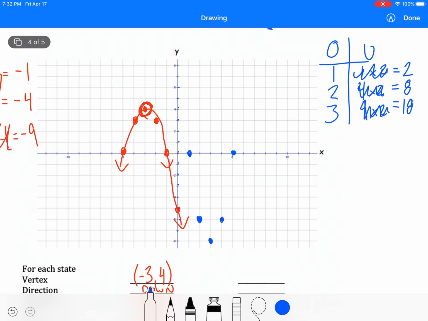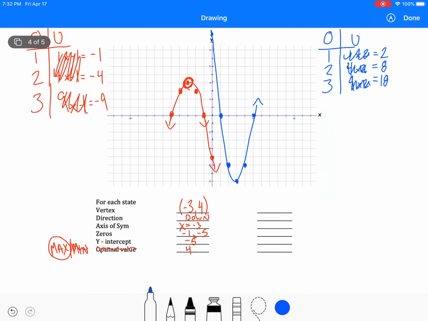If I went up 18, I'd go up 1, 2, 3, 4, 5, 6, 7, 8, 9, 10, 11, 12, 13, 14, 15, 16. I'm at 8, 17, 18. So I'm at 10 there. Okay, it's not on the graph. That's okay. We can just quickly fill it in a little bit.